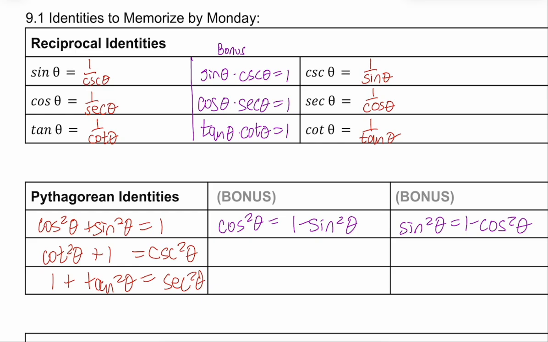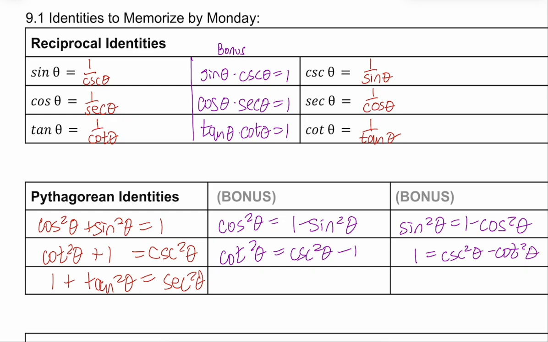Now let's do the same thing for our second Pythagorean. If we solve for the cotangent squared, we have to subtract the 1 from the other side. So cotangent squared is always cosecant squared minus 1. If we solve for 1, we have to move the cotangent squared this time. So it's cosecant squared minus cotangent squared. So you get 2 for that one.